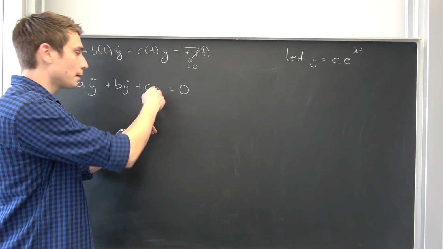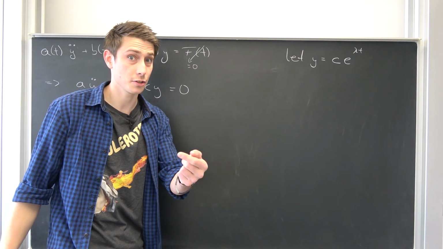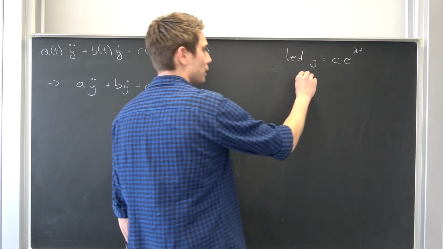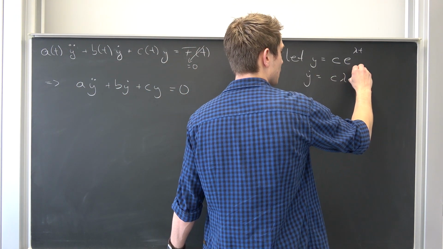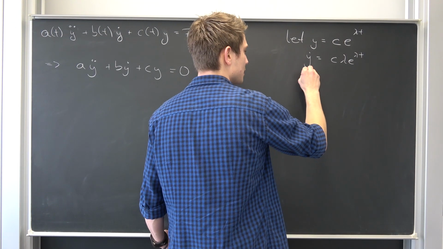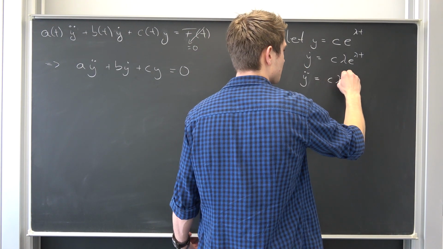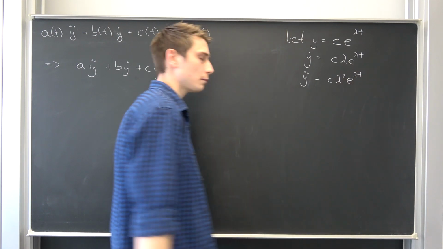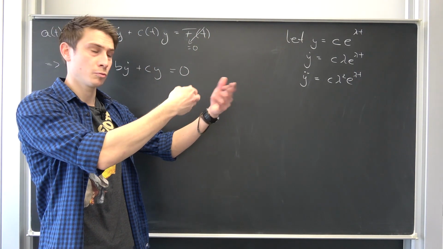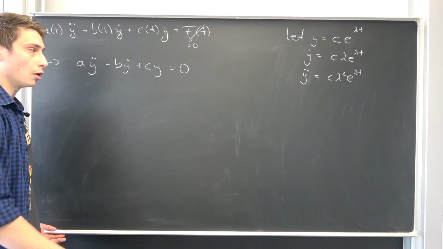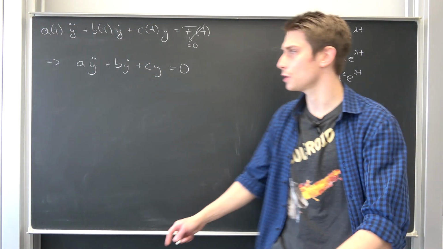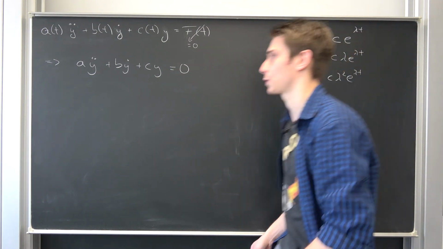So this is our time-dependent function, you could say, if you are a physicist. If we differentiate this once, we are going to get c times lambda e to the lambda t, and differentiating this a second time is going to leave us with c times lambda squared e to the lambda t. I hope you agree with me that this is true, differentiating with respect to t. All that we really have to do now is plug this stuff into here and see what we get.